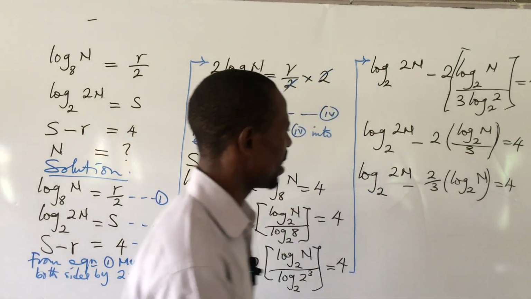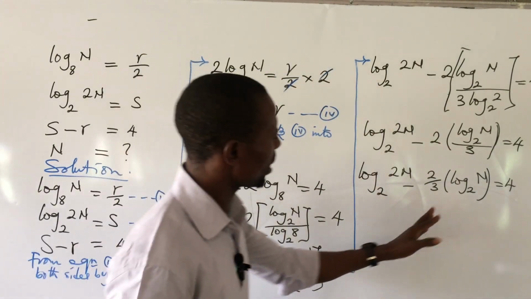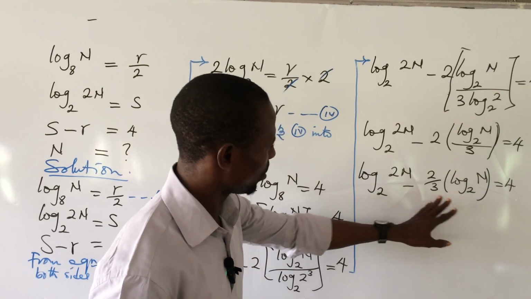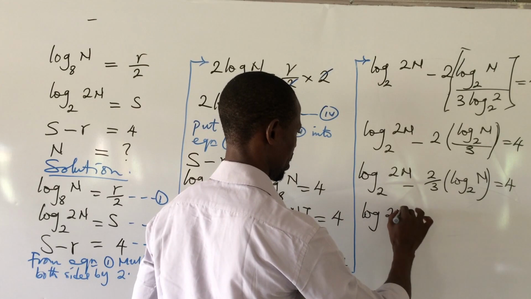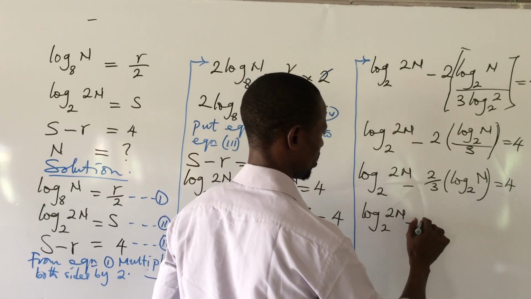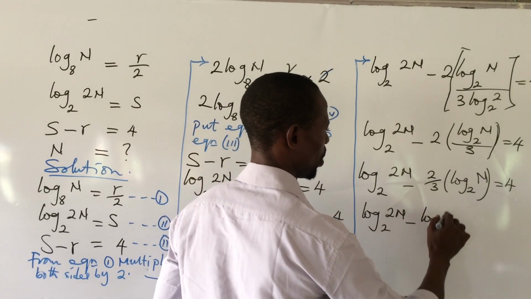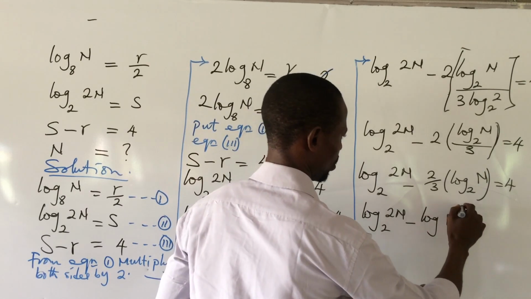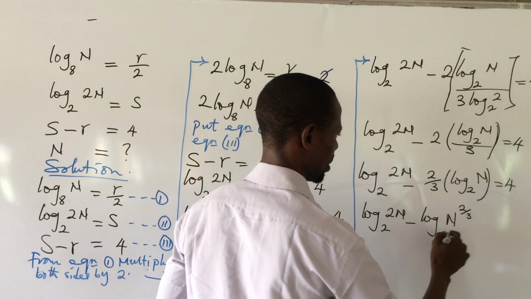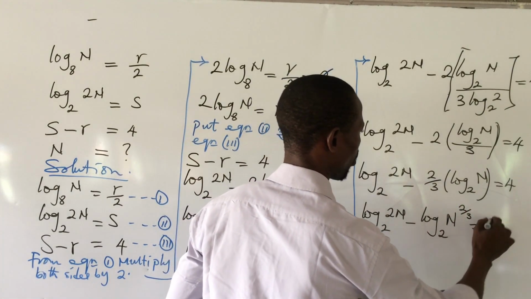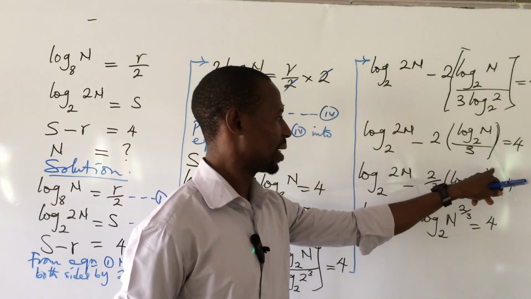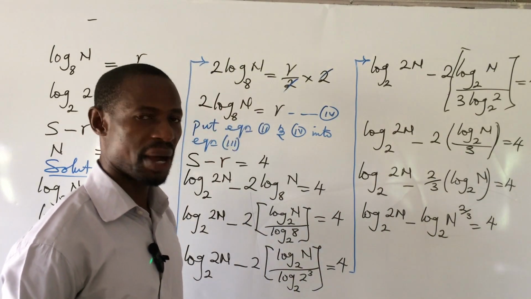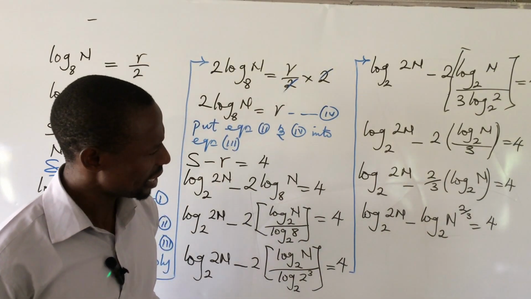Okay, so let's continue again. Okay, from here now, look at what we have here now. This automatically will give us log 2n base 2 minus log n to the power of 2 all over 3 base 2. According to the power law I just explained now, we bring this one back to this power. Okay. All right.